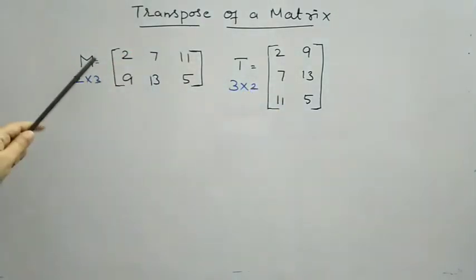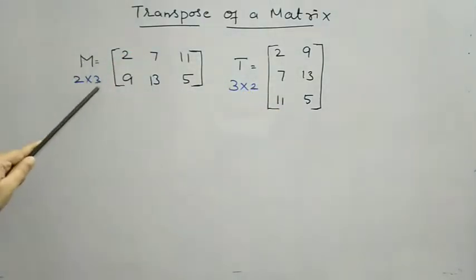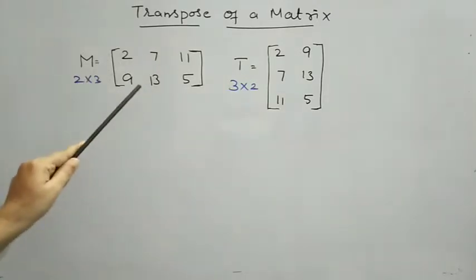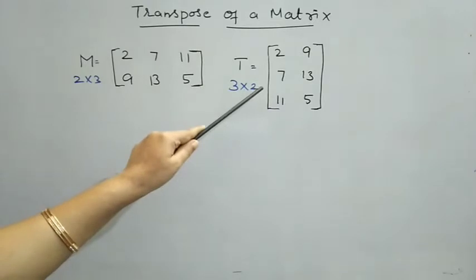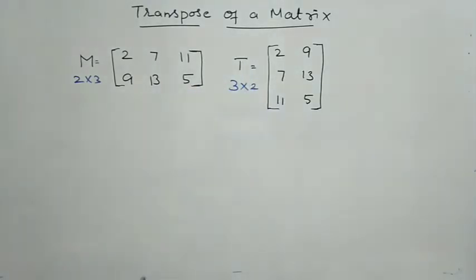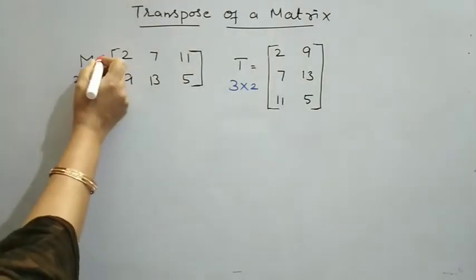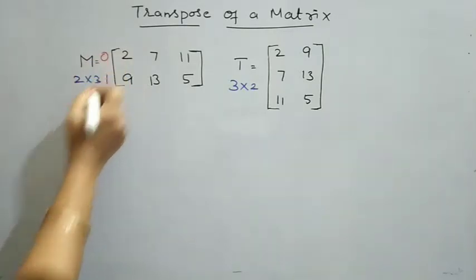In this input matrix M, 2 into 3, we have 6 different elements. Like the same, in the output matrix T we have 6 elements arranged in a different order. If we mark the index positions of matrix M, we have 2 rows, so the index position is in the range of 0 and 1.